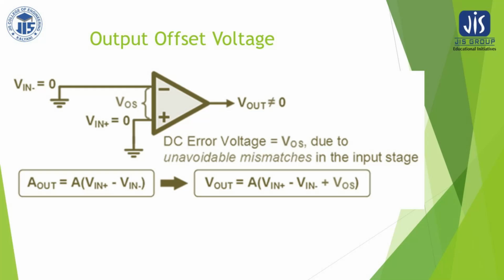So R comp plays an important role here to equalize the two terminal voltages, so that our difference voltage will be 0. So this is known as our output offset voltage.